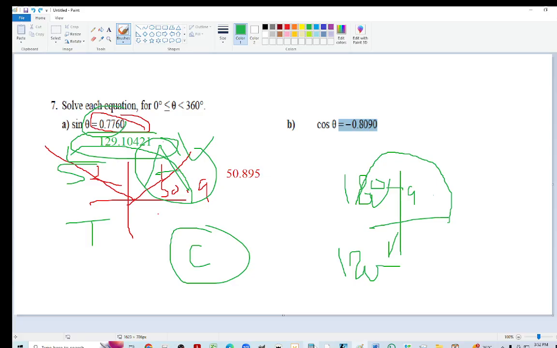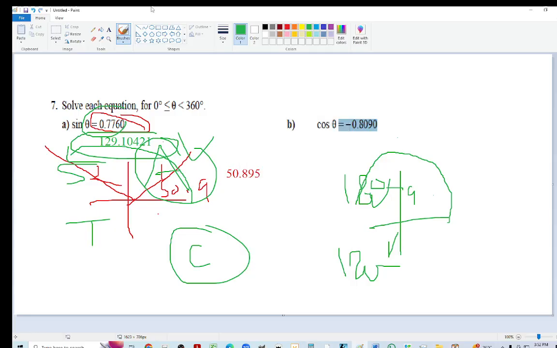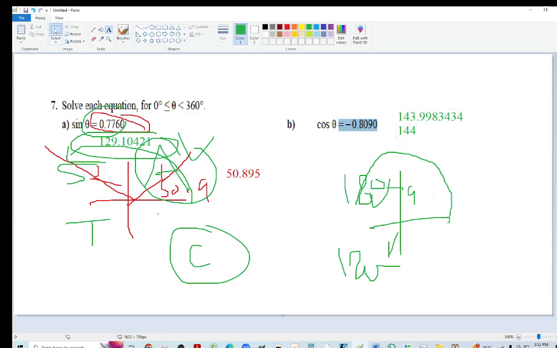Let's figure it out. Let's take the arc cosine of negative 0.8090. Trig, arc cosine. We get 143.9998. If I were to round up, I'd really be talking about 144. Try not to round up unless your teacher tells you, though. So it spat out, obviously, this one, because 144 is just past 90 but before 180.